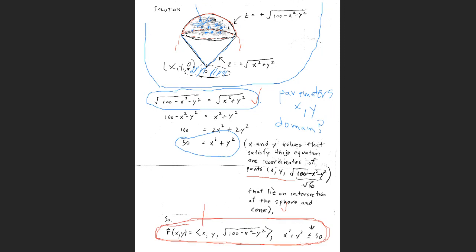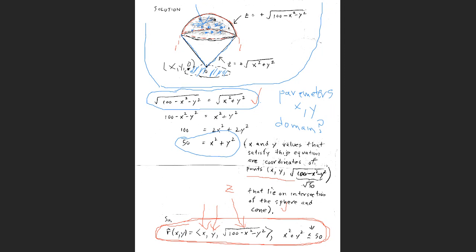I let x be x, I let y be y, and then z is the square root of 100 minus x squared minus y squared. This is my z. Now, why is that my z?